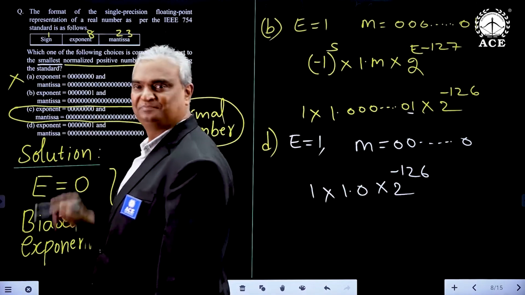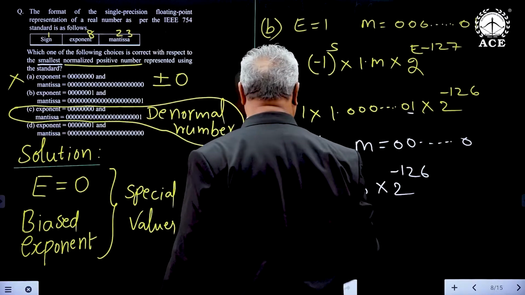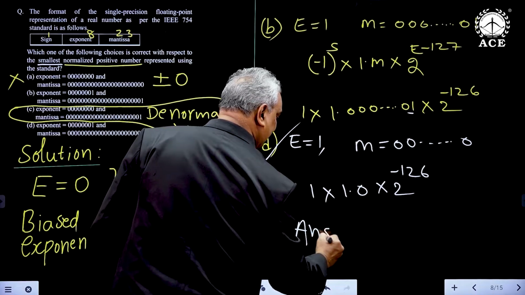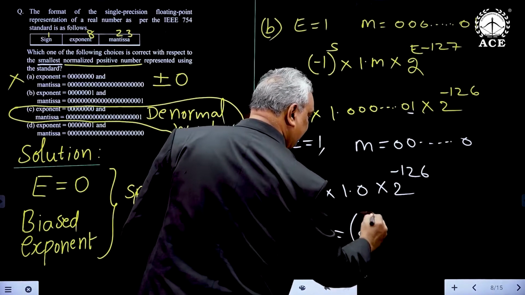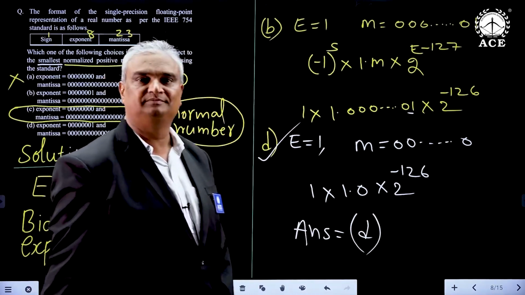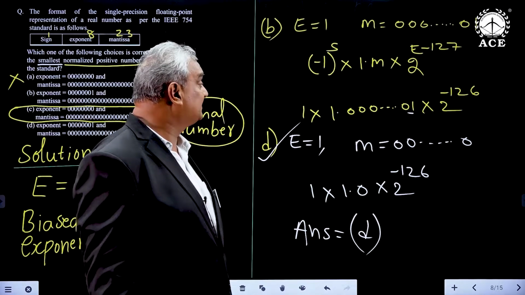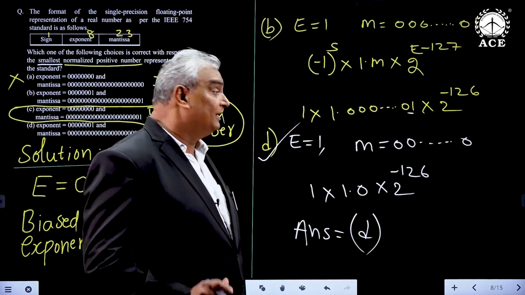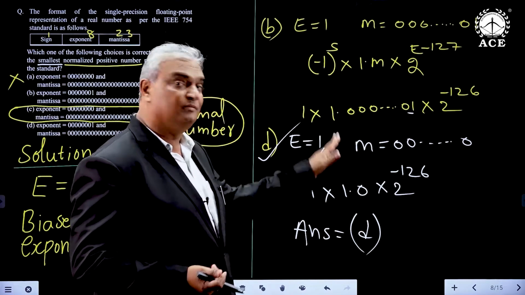Smallest. Because of that, the correct option is D. Option B becomes the correct answer when he asks for the largest positive number.